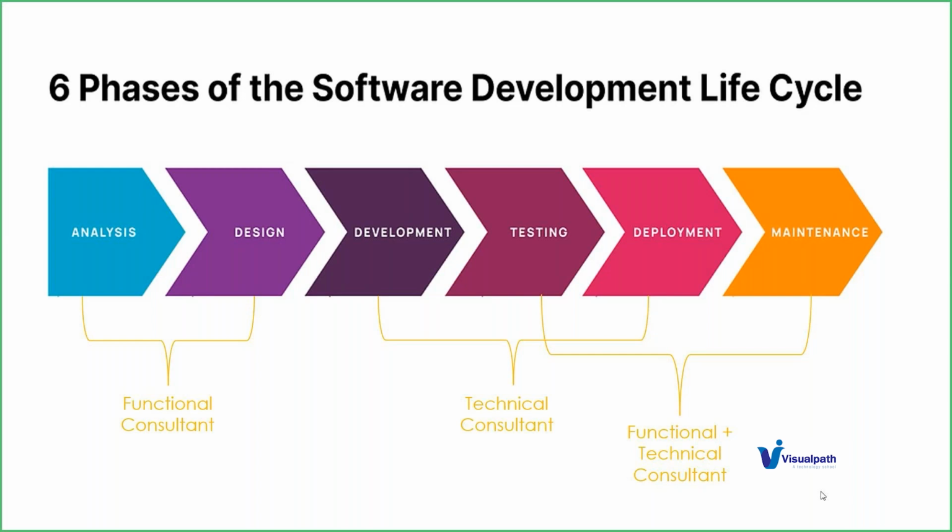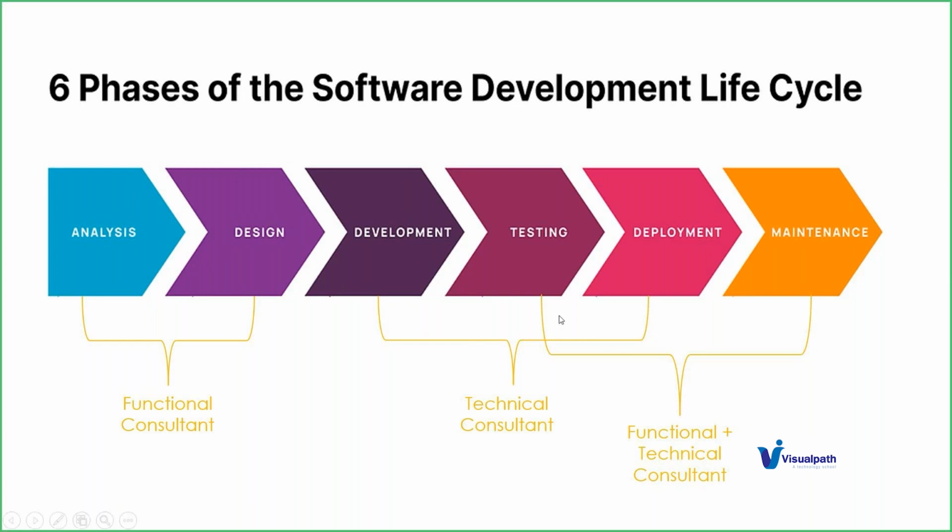So if you see, these are the six phases, whereas development, testing and deployment, these are the three phases where the developer will be involved. But in these three phases also, the functional consultant will play a major role, whereas in the analysis and design phases, the functional consultant only will play a major role.